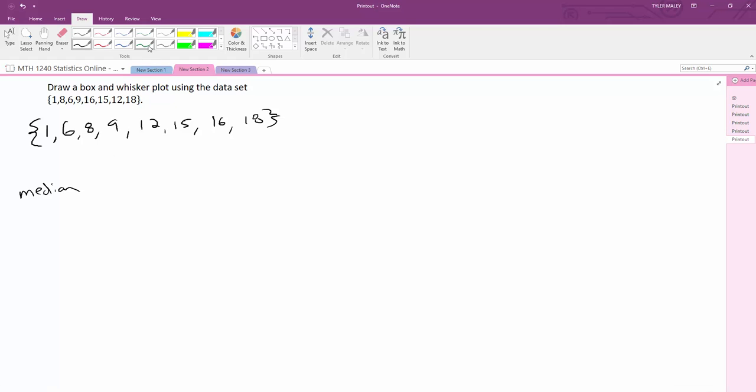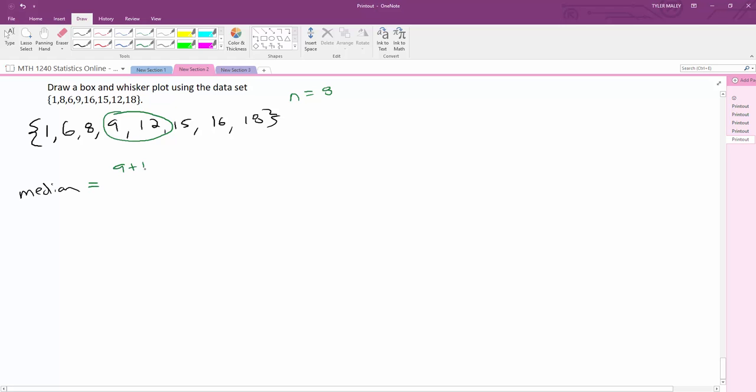So the median is going to just separate my top 50% from my bottom 50% of my data, right? So I have 1, 2, 3, 4, 5, 6, 7, 8. So I have n equals 8, right? I have 8 data points. So since I have an even number, I need to average the two middle ones, right? So 9 and 12 would be the two middle values, right? I have 3 on this side and 3 on that side. So the median would be the average of 9 and 12.